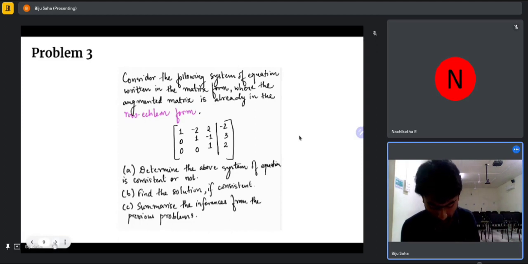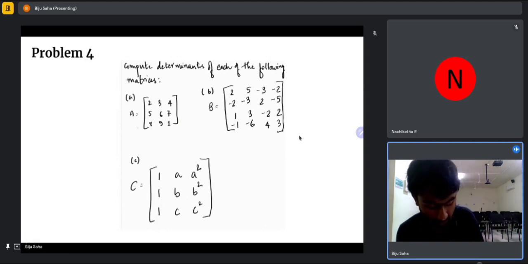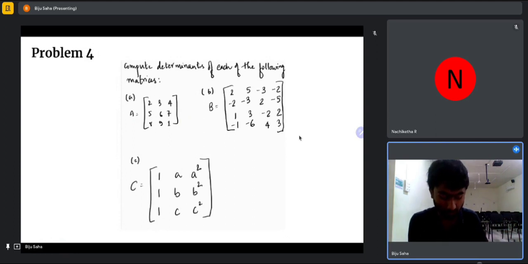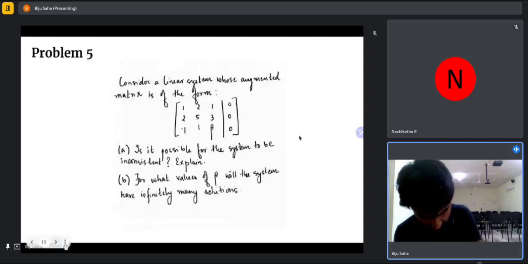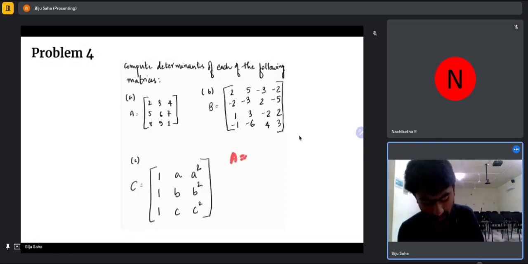The second category is computing the determinant of the following matrices. You might already be aware of how to calculate a determinant. Let me calculate the determinant using various properties of determinants. Let us pick the first problem itself.